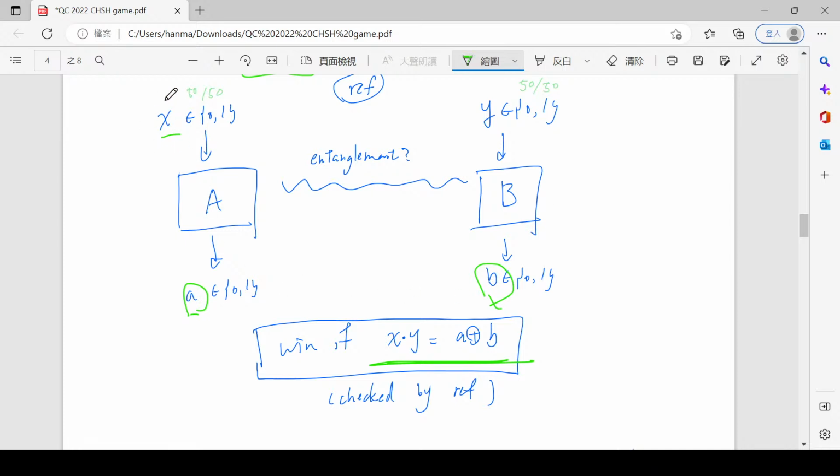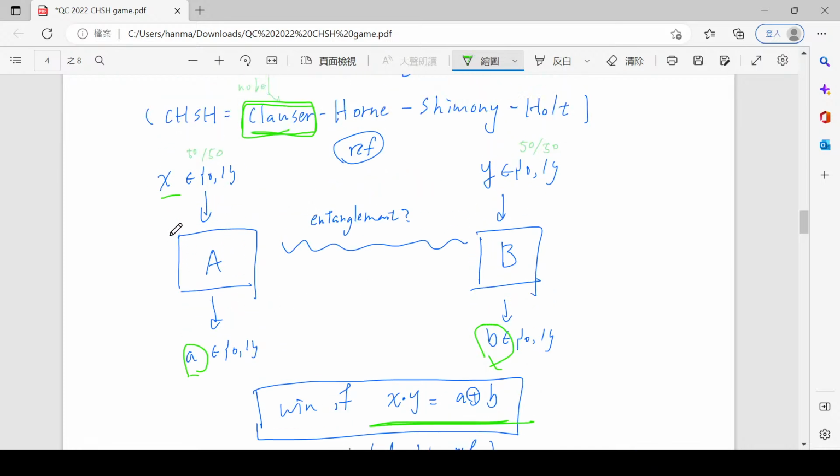Alice gets X as input, and Bob gets Y as input. X and Y are one bit each, drawn totally uniformly. So what will Alice do? Alice sees X, and can also do something with entanglement or shared randomness, and whatever she sees, she uses to determine A as her output.